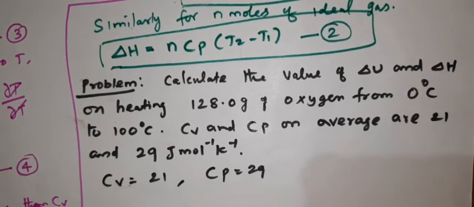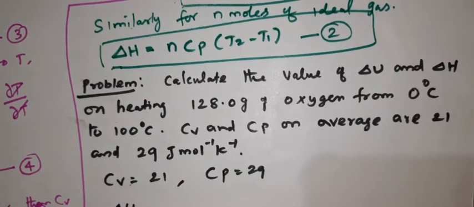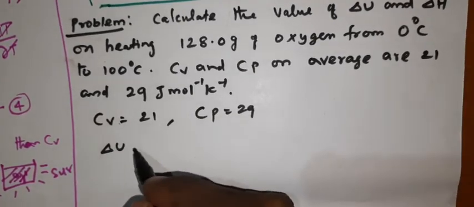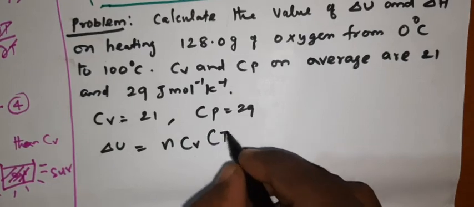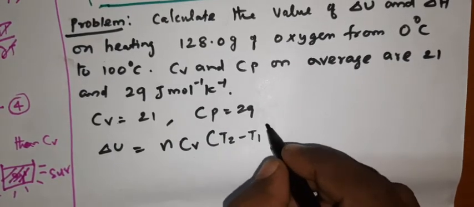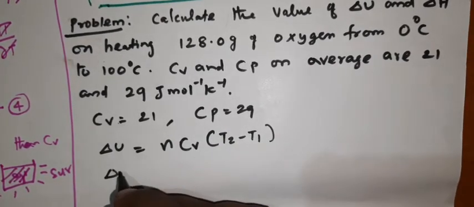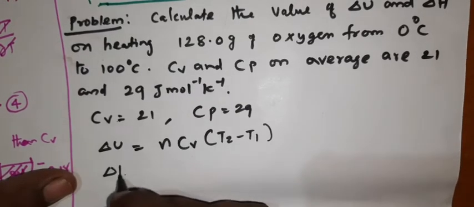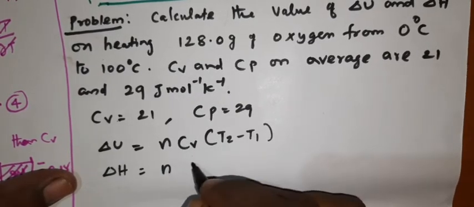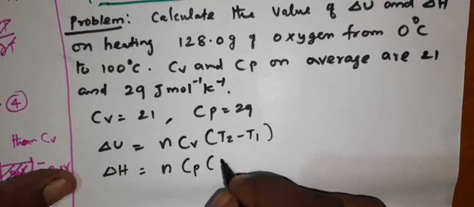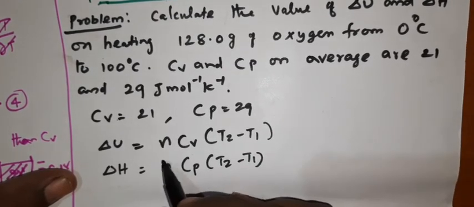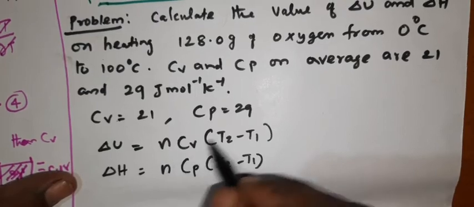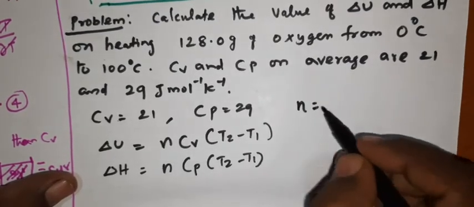So we know the formula for delta U equals n Cv (T2 minus T1), and delta H is n into Cp (T2 minus T1). Now here we have to calculate the number of moles, that is n. How to calculate the number of moles?